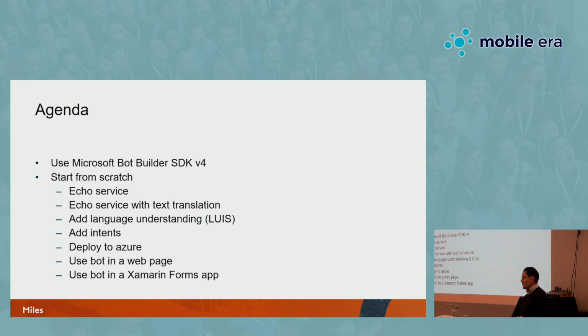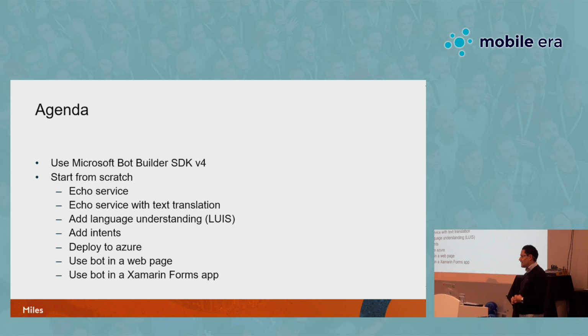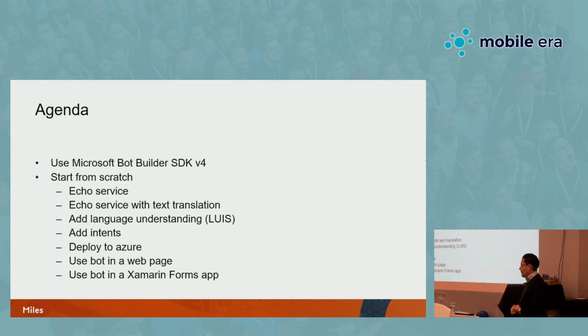So then there's a language understanding service, which belongs to the cognitive services offering from Microsoft. So we'll add that to our chatbot. We'll talk a little bit about how this service is structured and about intents. So we need to be able to communicate our intents. What are we asking about? And our chatbot needs to be able to understand that also.